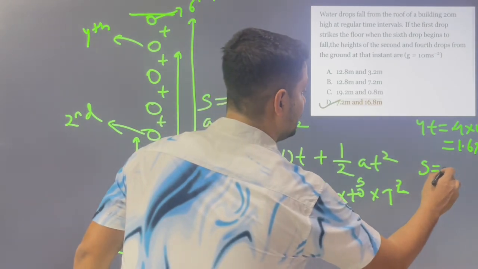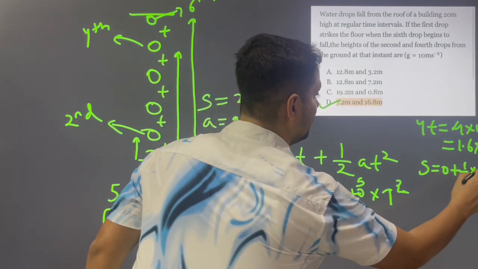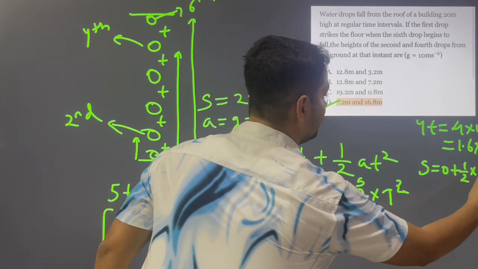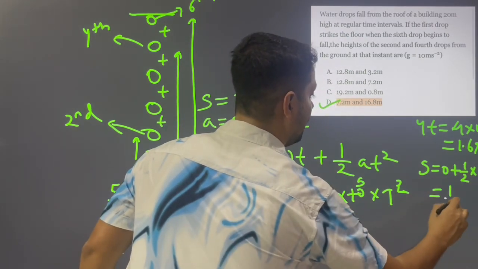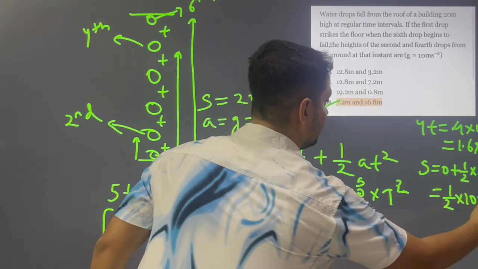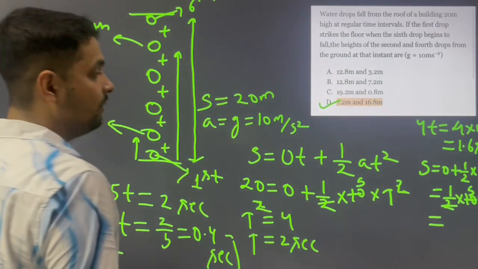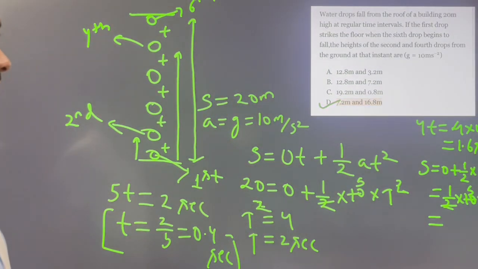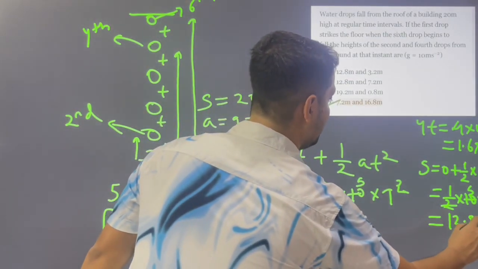Ut plus half at square, that is 0 plus half, A is 10, into 1.6 square. So finally you will get half into 10 into 2.56. When you multiply 5 into 2.56, almost you will get 12.8 meter.